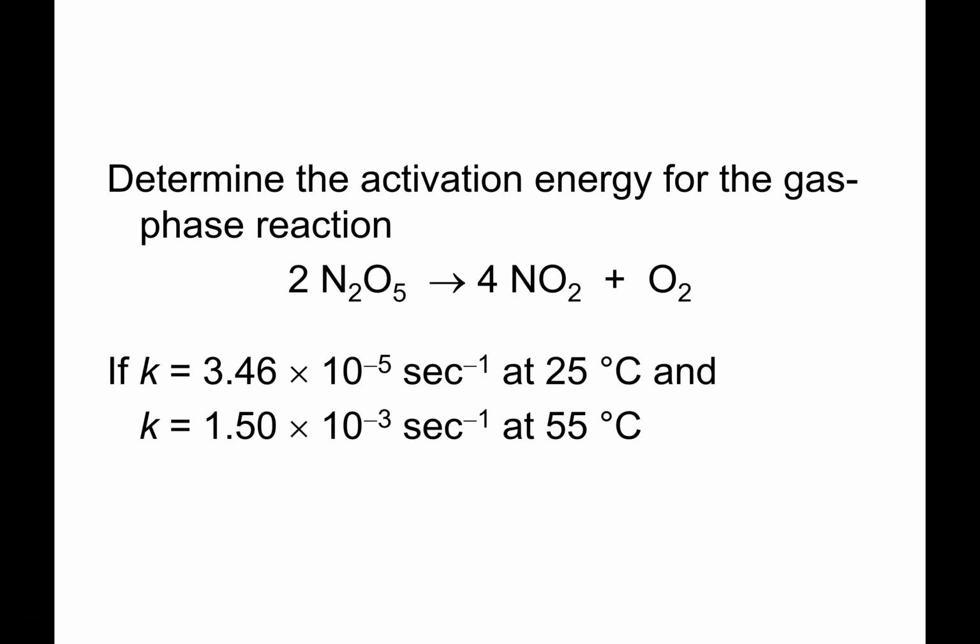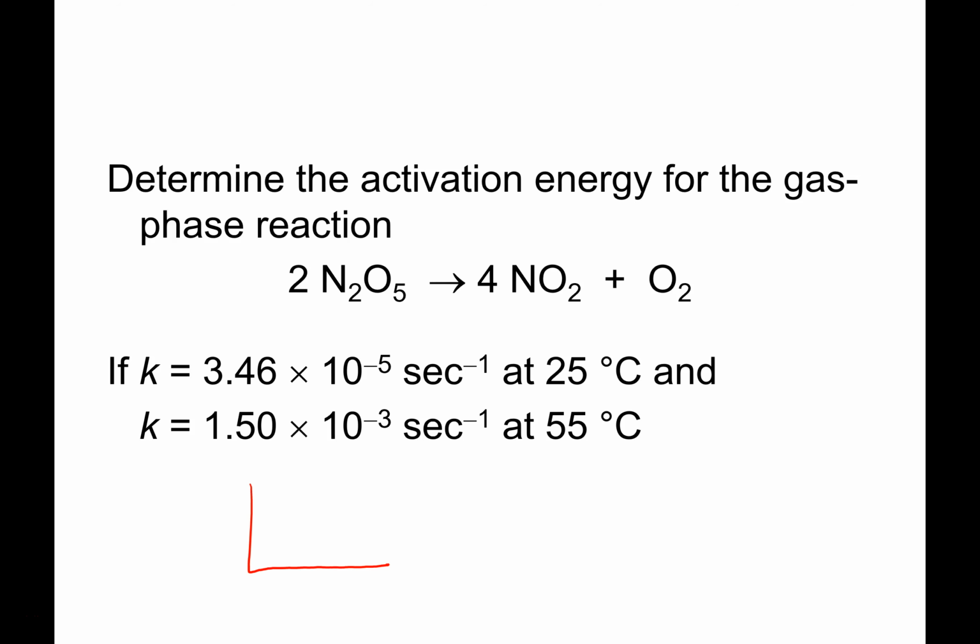Let's see. I'm just going to ask guided questions for this one. So, Allison, do you remember, and actually it's on here, this is the Arrhenius equation. Do you remember what we plotted on the Arrhenius equation to get activation energy? This should be a hint.